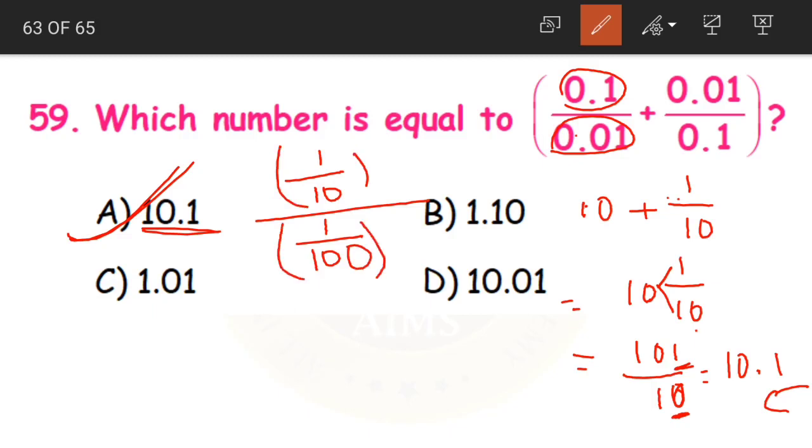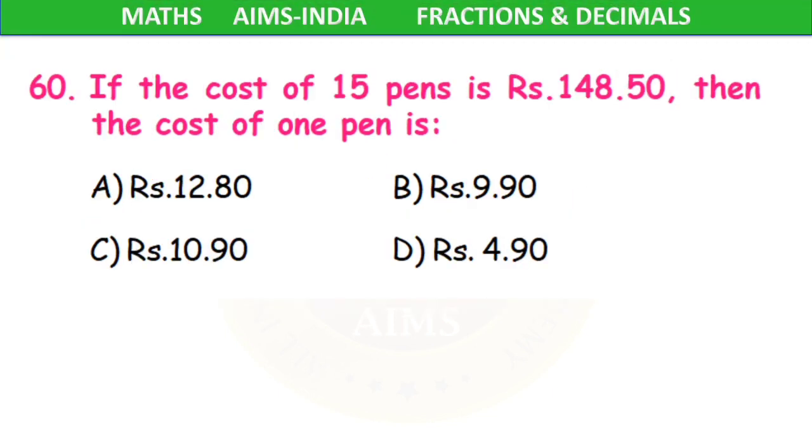Now we divided these two fractions, upon which we got 10 as our answer. And for the second fraction, it is the reciprocal of the first, so it is nothing but 1 by 10. And when we added those together, we got 10.1 as our answer.